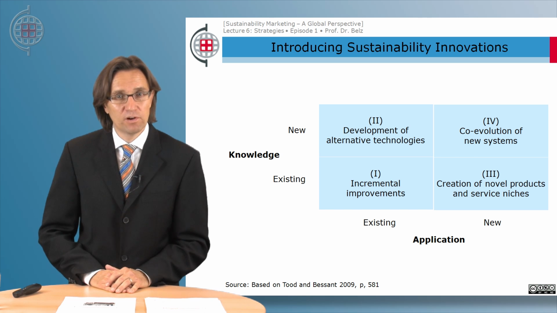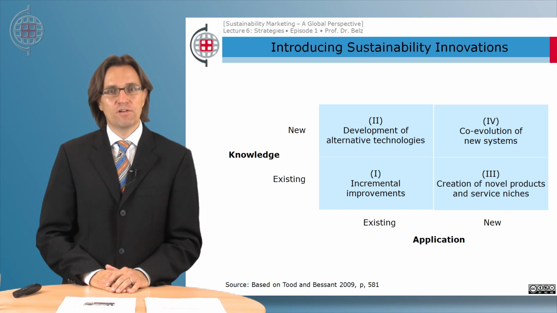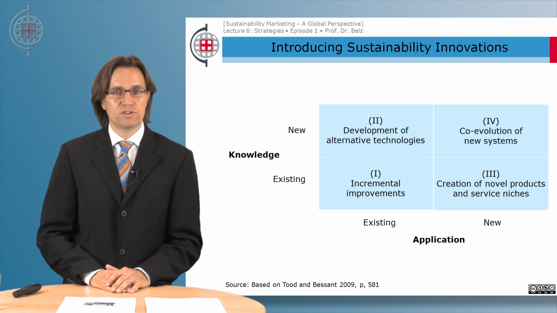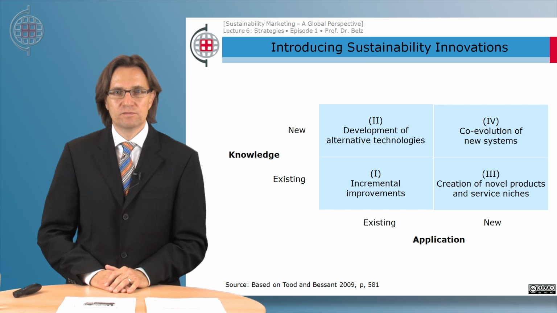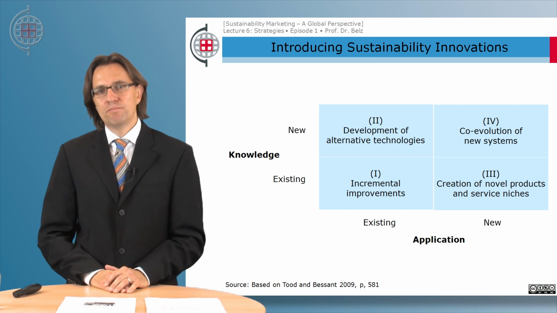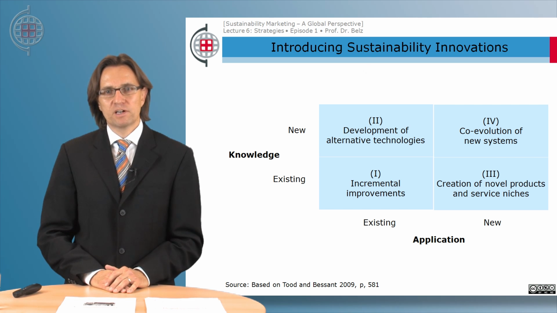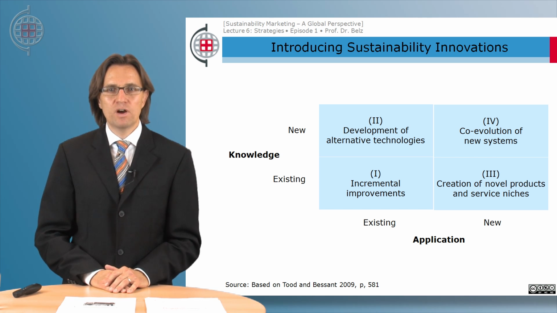If we have new knowledge, it's the development of new alternative technologies as compared to the established technologies. If you have existing knowledge and new applications, we talk about the creation of novel products and service niches. And finally, if you have new knowledge and new application, the co-evolution of new sustainable systems.